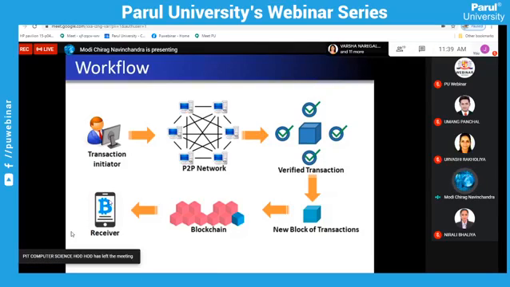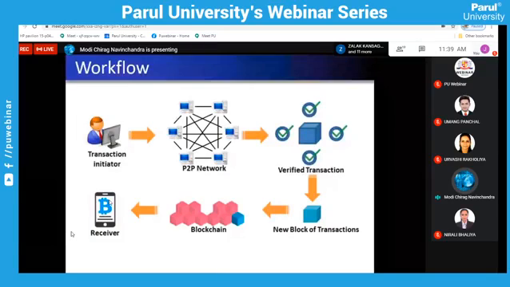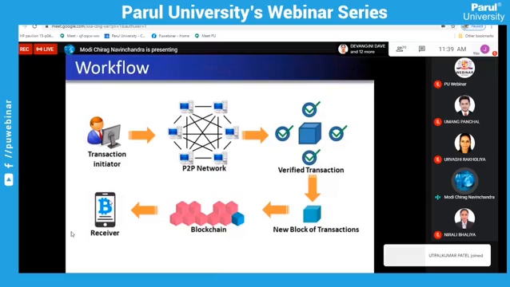They will receive a certain amount of data from a number of initiators, and once a certain amount of data has been taken by any number of nodes, they will start forming a block. Forming a block requires a certain number of transactions. Once the certain number of transactions are received, the block will be formed.